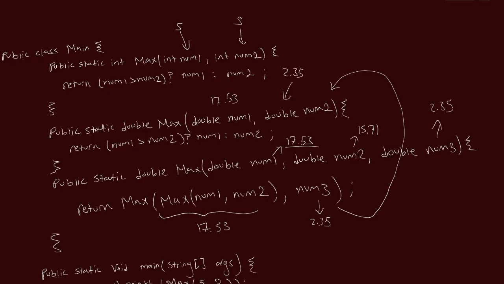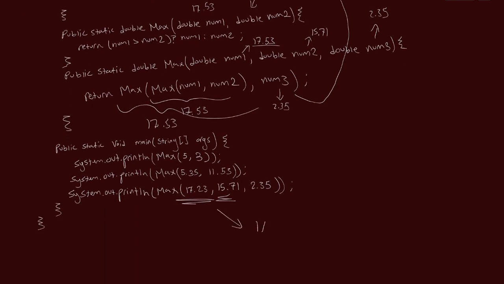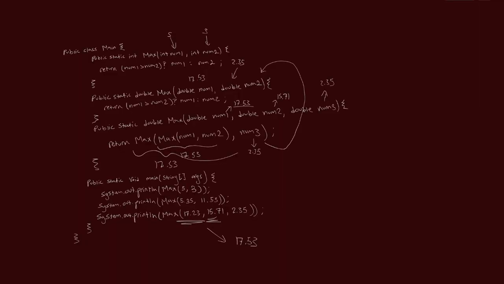Compare the two, 17.53 is bigger, so we're going to return 17.53, and then this prints out 17.53. Pretty confusing, but I hope some of you were able to figure out what I was just saying. But yeah, that's how method overloading works in Java.